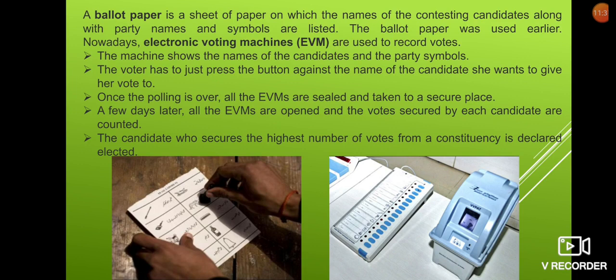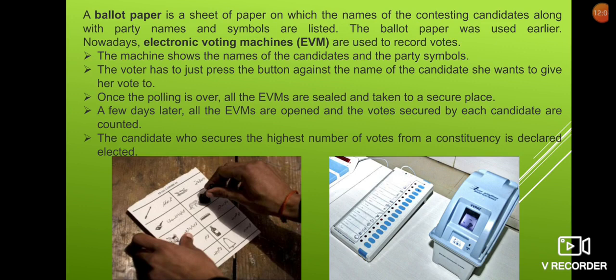The ballot paper was used earlier, and nowadays we use electronic voting machines, called EVMs, to record the votes. The machine shows the names of the candidates and the party symbols. The voter has to just press the button against the name of the candidate she wants to give her vote to.